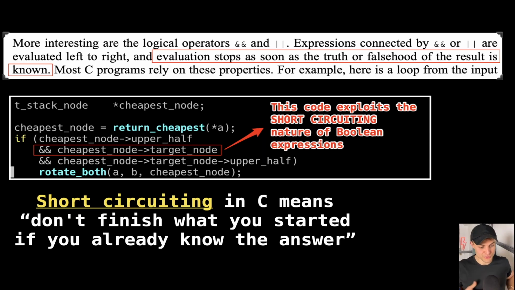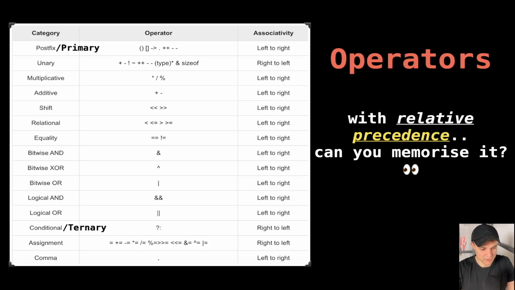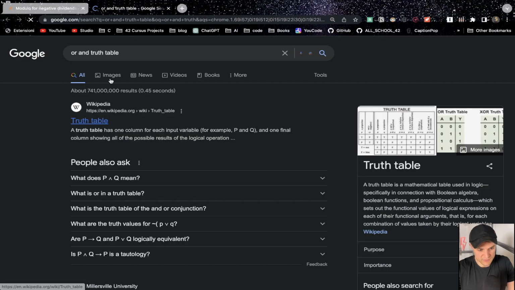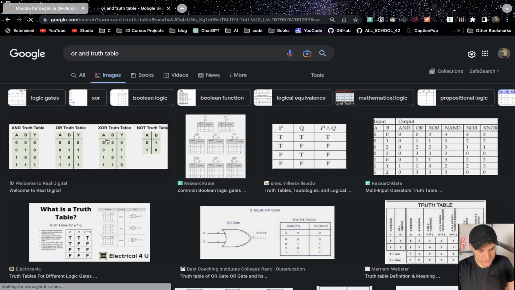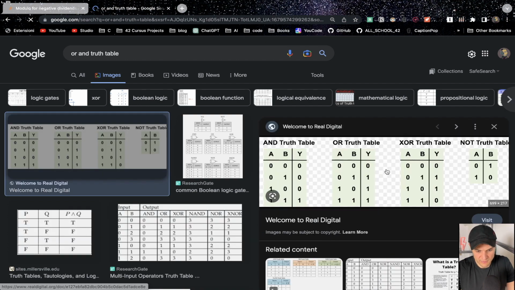So, long story short, short circuiting in C means don't finish what you started if you already know the answer. And this is a property that you can exploit in your code. Of course, this works with Boolean expressions, so with operators such as the logical AND and the logical OR. To understand how these logic operators work, it's super simple. You just search for the truth table, which is something like that.